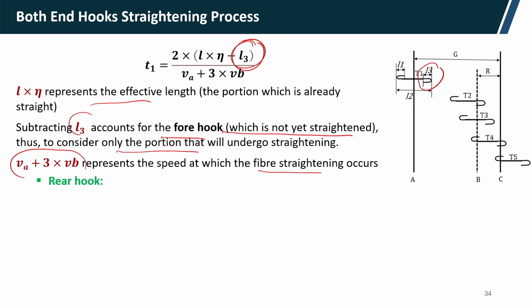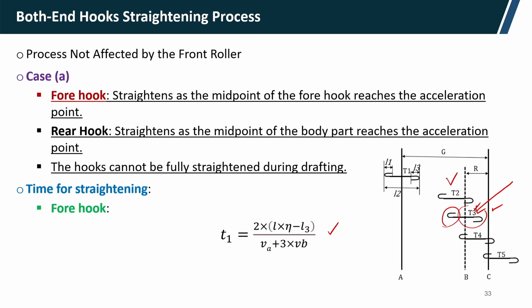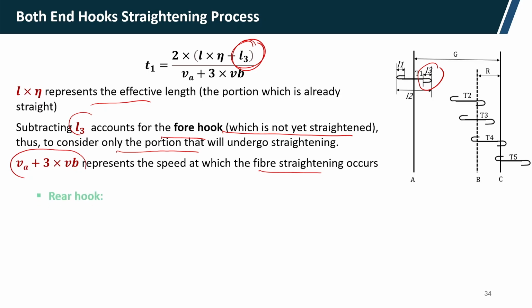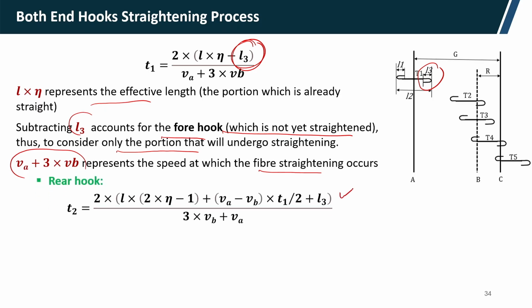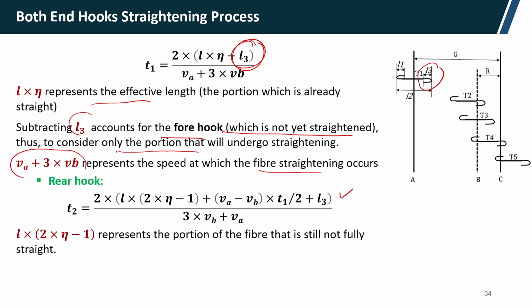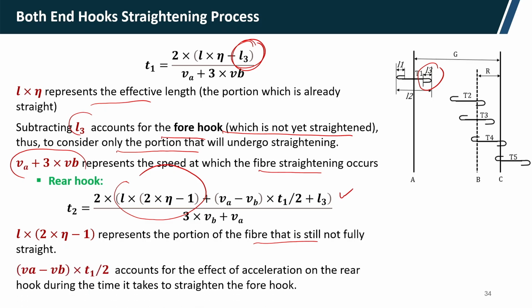Now, for the rear hook, earlier it was the leading hook, and now if we consider the rear hook, that is the trailing hook, the time T2 is given by this relationship, where L2 eta minus 1 represents the portion of fiber that is still not fully straight, and the second part, Va minus Vb multiplied by T1 by 2, accounts for the effect of acceleration on the rear hook during the time it takes to straighten the leading hook.